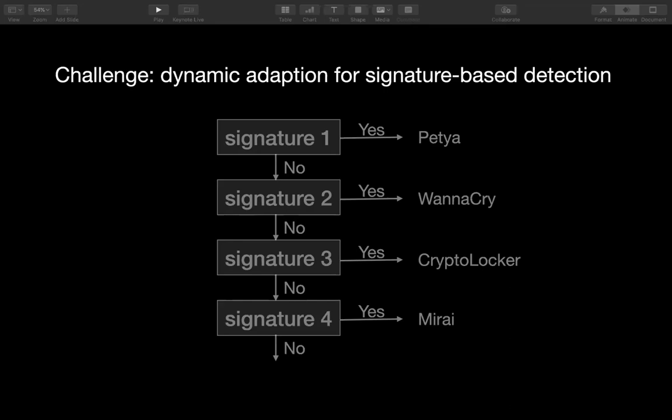So, for instance, you might have some pipeline that's analyzing a Windows executable to try to detect if it's malicious, and it might have a signature to detect the Petya attack, and another signature for WannaCry, another signature for CryptoLocker, another signature for Mirai, maybe some signatures for common benign examples. You might have a whole pipeline of signatures that capture different kinds of known malware families, known malicious behavior, and so on.